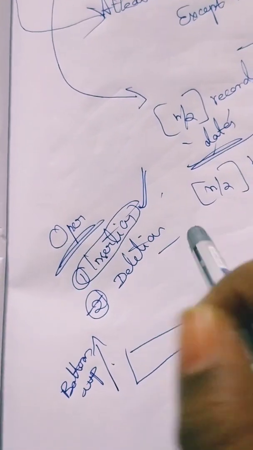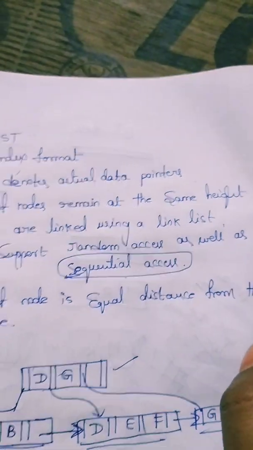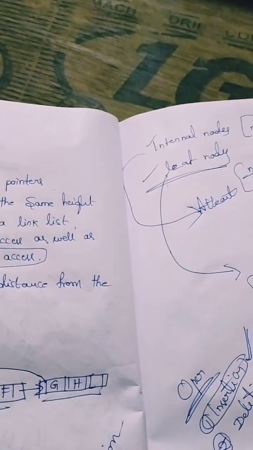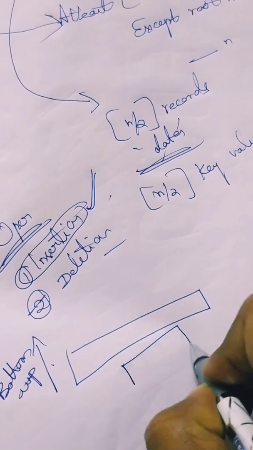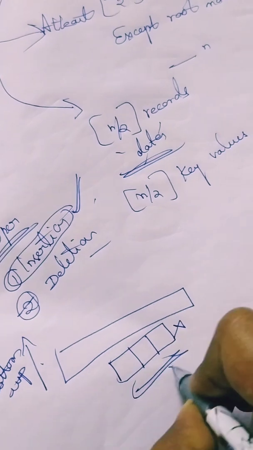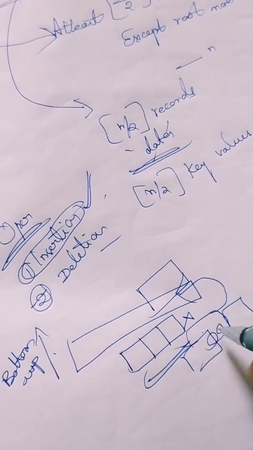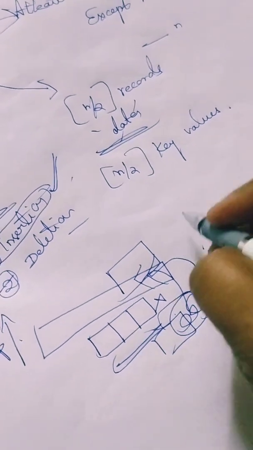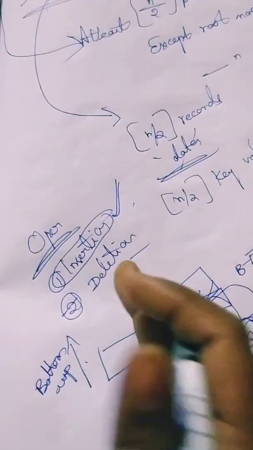Here we already know the B plus tree property: leaf nodes remain at the same height, and every leaf node is equal distance from the root node. So whenever we have to insert any node, we can directly insert it. If any overflow occurs, we have to split it in two, and take one of the medians from this splitting node up to the root node. This is also like our B tree insertion, so that we understand in detail.